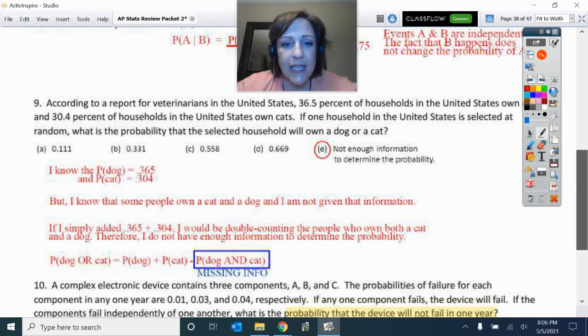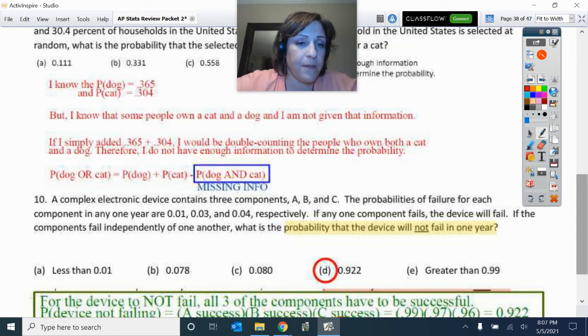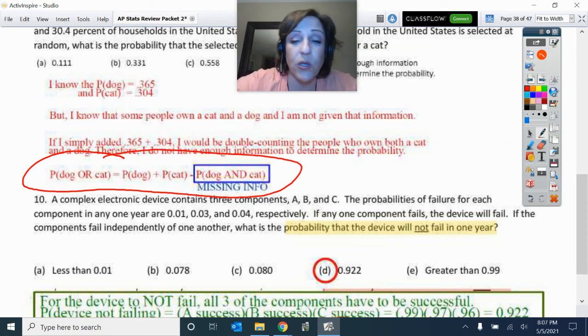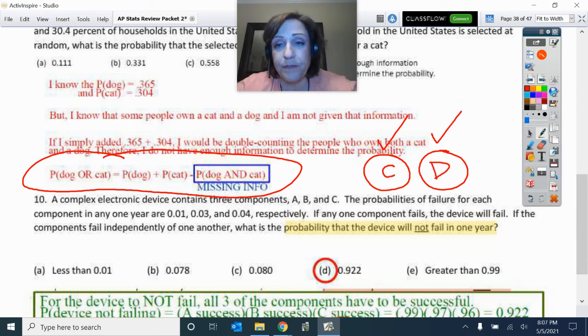So this again, we have been told the total about the dog probability and the total about the cat probability. But then the question is, what's the probability that a selected household will own a dog or a cat? Well, the issue is this, see, for the general addition rule. Now, if my events were disjoint and nobody owned a dog and a cat, then I could just add those probabilities together.